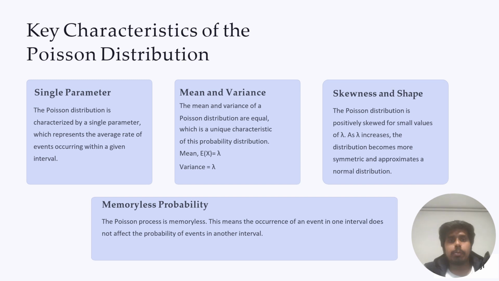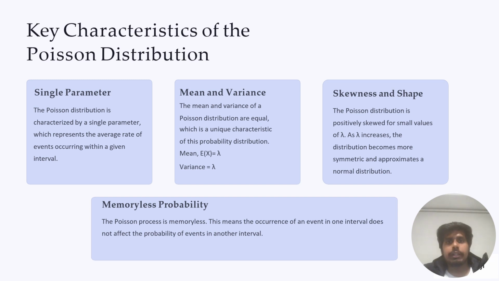Key characteristics of the Poisson distribution. Now let's explore the unique characteristics. Single parameter: the distribution is defined by lambda, the average rate of events. Mean and variance: it has a remarkable property that both the mean and variance are equal to lambda.